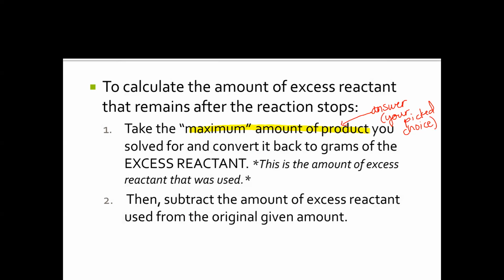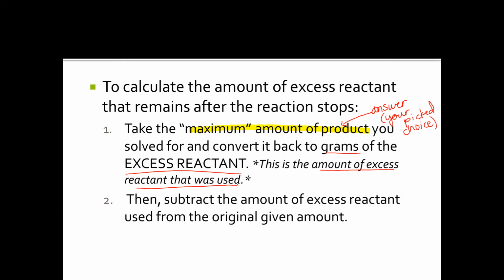And then you're converting it back to grams of the excess reactant, because probably your excess reactant was given originally as grams. So once you convert it back, you're going to do a whole other line of parentheses, just convert it back to grams of excess reactant, then that answer is the amount of excess reactant that was used by the reaction.